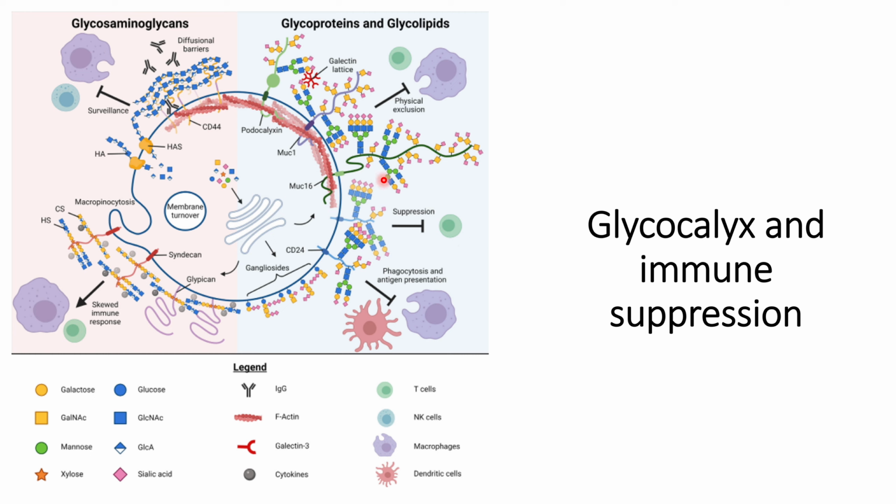This will also happen because of the high glycocalyx thickness. At the same time, phagocytosis and antigen presenting cells will also not work for the same reason: they will not be able to interact with or detect the non-self epitope present in the tumor cells because of the physical barrier of the glycocalyx.